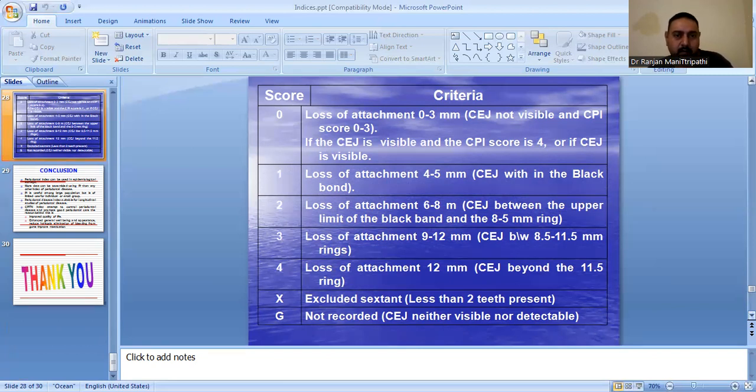The second point is loss of attachment of 6 to 8 mm, score 2. The third is loss of attachment of 9 to 11 mm, score 3. The fourth is loss of attachment of 12 mm or more, score 4. X is excluded, fewer than 2 teeth present, and 9 is not recorded, neither visible nor detectable.